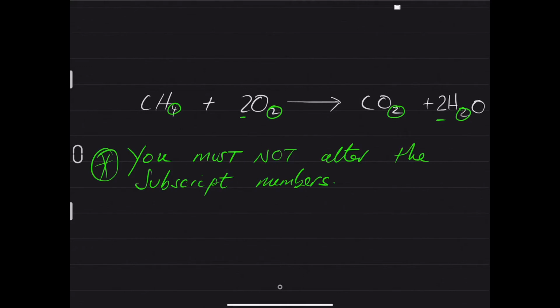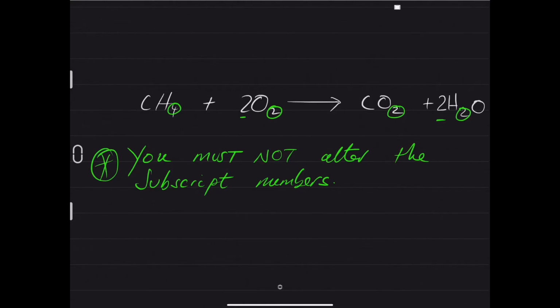And I'll repeat again, you must not change the subscript because it will change the identity of your particular reagent or product. Now this is an important point here, because by changing the coefficient, you are simply changing the amount of the substance. But by changing the subscript, you will change the identity of the reactant or product.